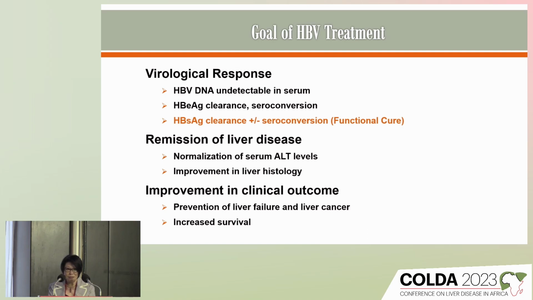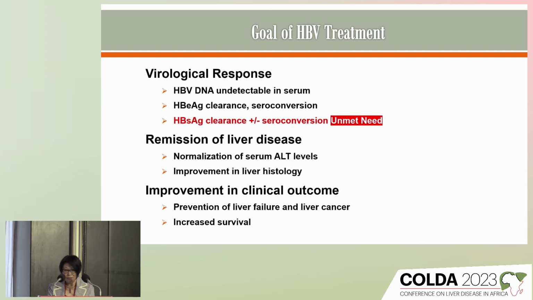But the ultimate aim of hepatitis B treatment is the so-called functional cure, which is defined as the loss of surface antigen. Functional cure is associated with further reduction in liver failure rate and also, most importantly, further reduction in liver cancer, which is a significant cause of morbidity and mortality.